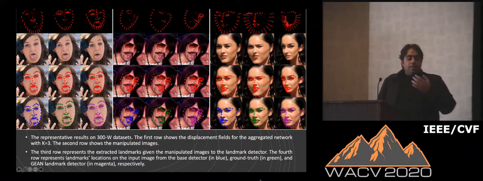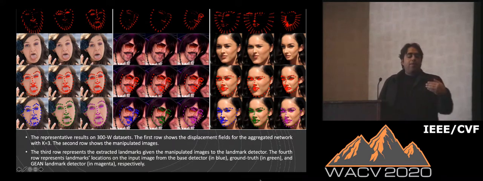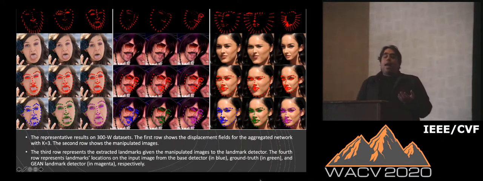Here we can see some experimental results. We have the landmarks on the first row. Then we have the manipulated faces, the landmarks that are extracted, and then on the last row, the landmarks after the aggregation.